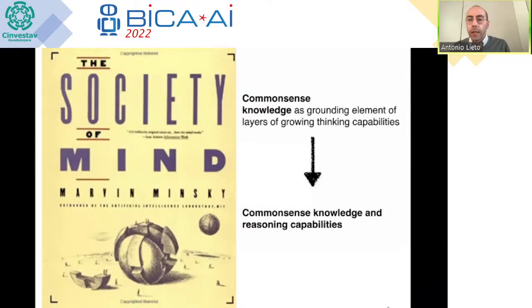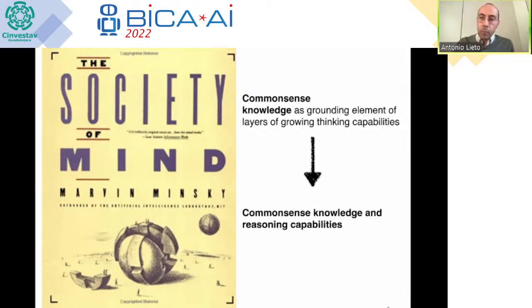First of all, the general area in which the overall framework is located is the research in common sense knowledge and common sense reasoning, which represents nowadays one of the main open, unsolved areas in the context of artificial intelligence, even if it is a sort of old problem.